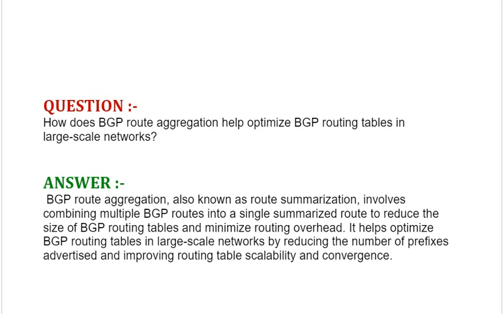Your answer should be, BGP route aggregation, also known as route summarization, involves combining multiple BGP routes into a single summarized route to reduce the size of BGP routing tables and minimize routing overhead. It helps optimize BGP routing tables in large-scale networks by reducing the number of prefixes advertised and improving routing table scalability and convergence.